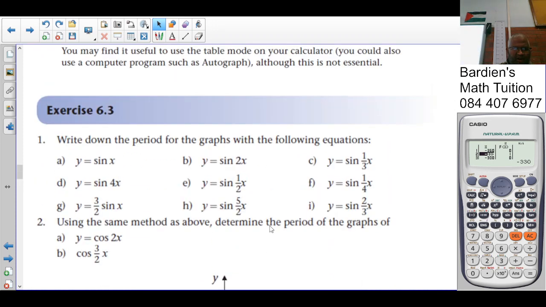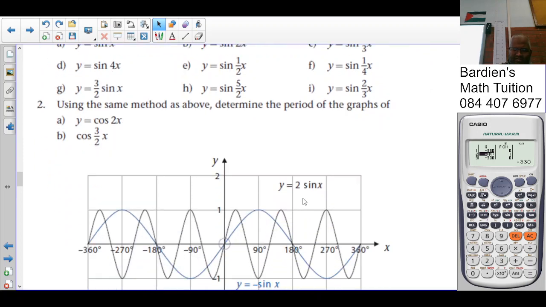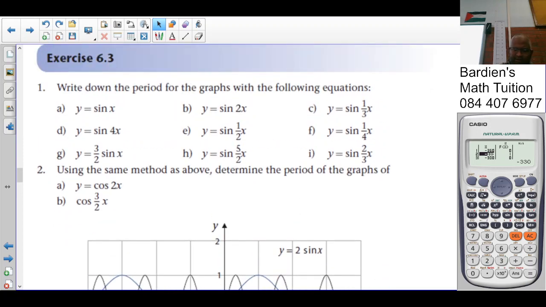Okay, so your homework is just refreshing what we have just done here. So it's exercise 6.3. Then, sketching graphs with a change in period. So let's do these examples quickly.